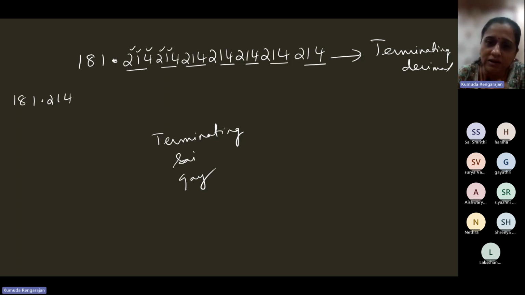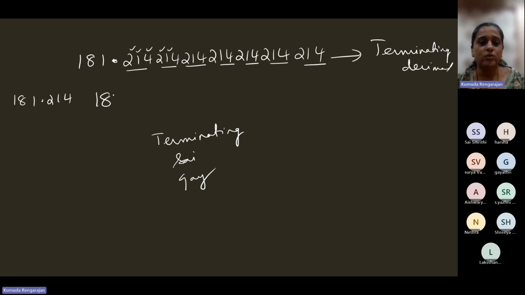We say terminating or non-terminating by looking at the decimal part, not the integral part. The integral part does not decide. The decimal part decides. So if the decimal part ends, it can end very far also, but it ends. Say there are some 1 lakh digits after the decimal point, it ends there, so it's a terminating decimal.